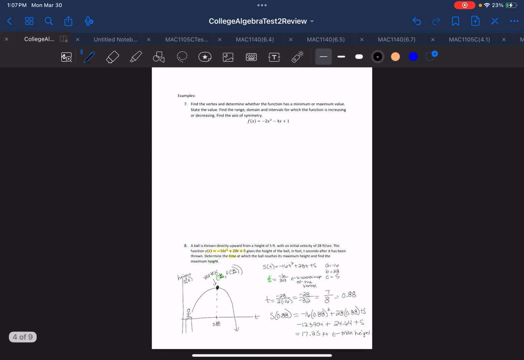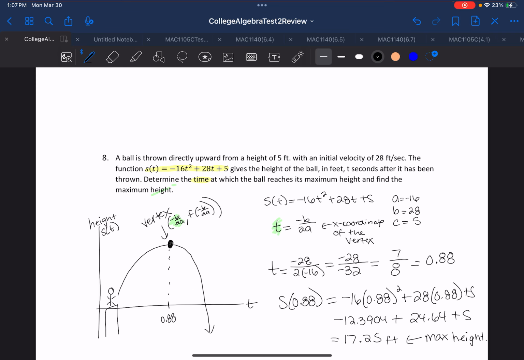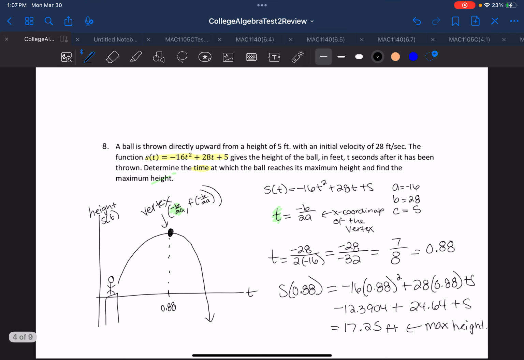So the last thing we did was this word problem here, because it wanted us to find the maximum height of this object that is being thrown. And they gave us the equation that represented the height of the ball thrown after t seconds. So this is a quadratic function.